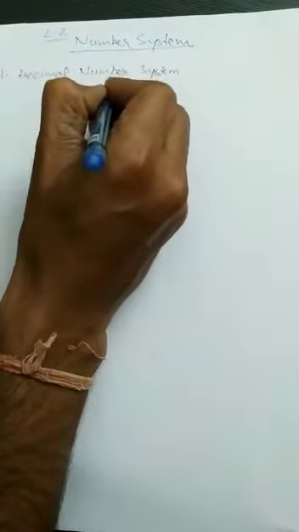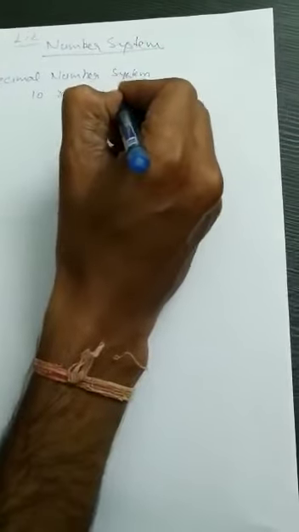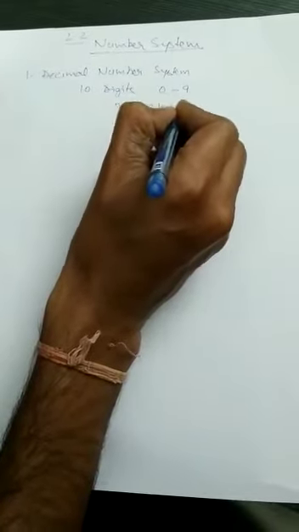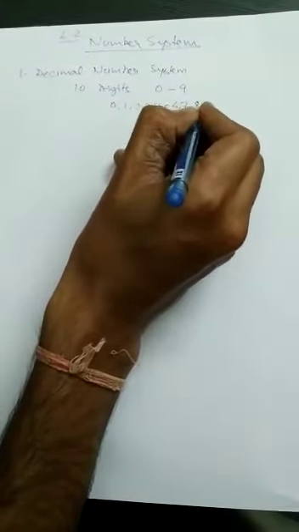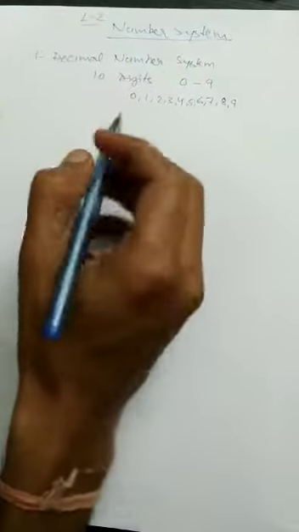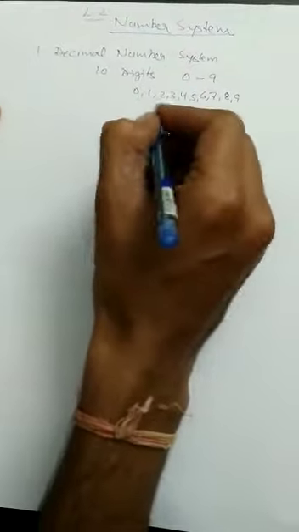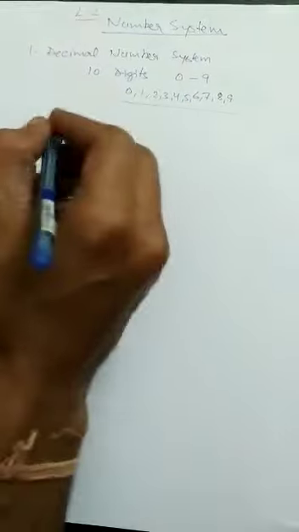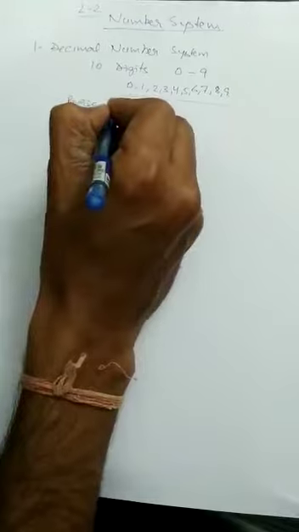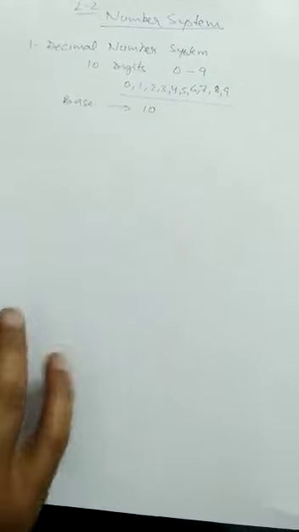The digits are 0 to 9, meaning 0, 1, 2, 3, 4, 5, 6, 7, 8 and 9. All the numbers in this decimal number system are made from these digits. So the base of this decimal number system is 10.